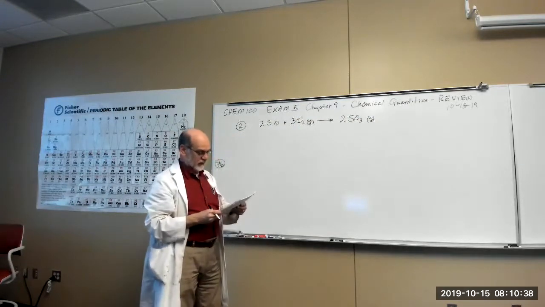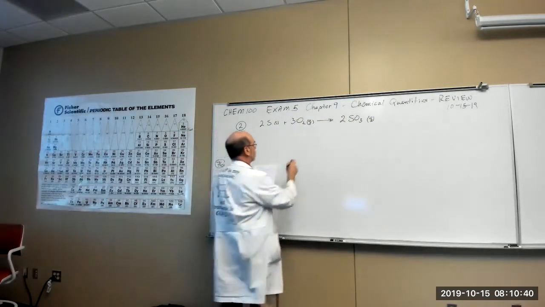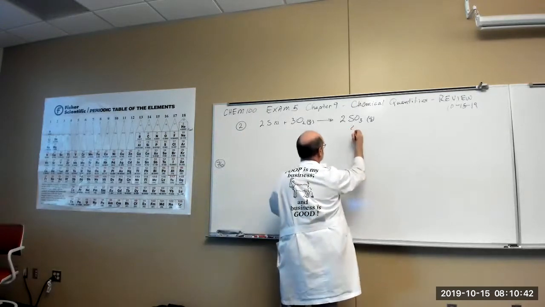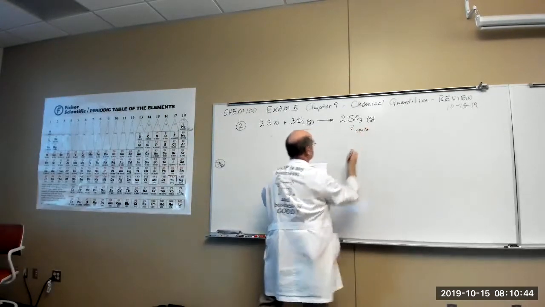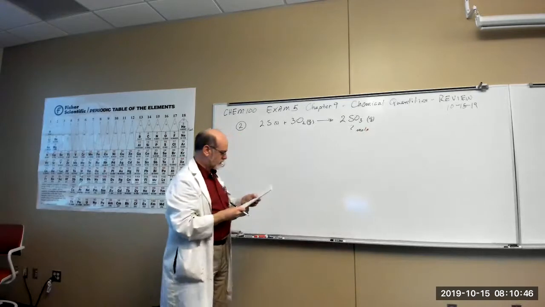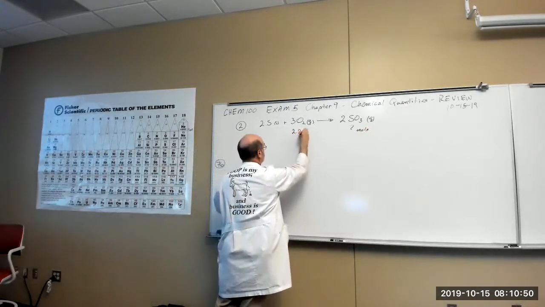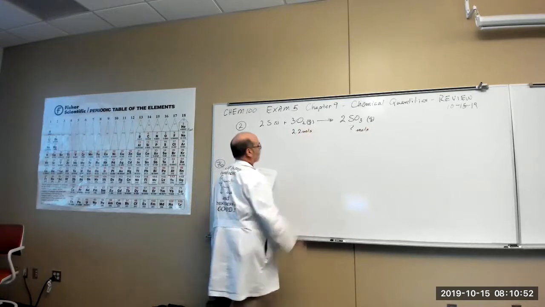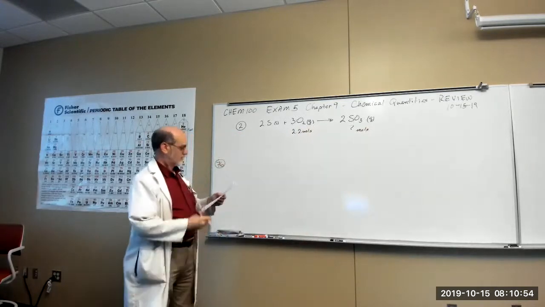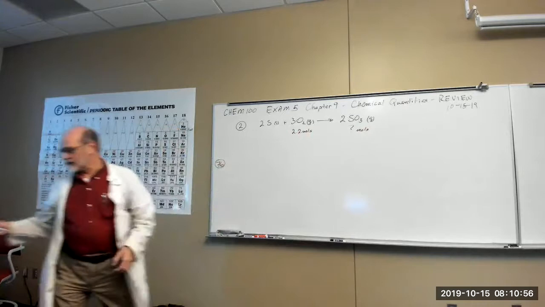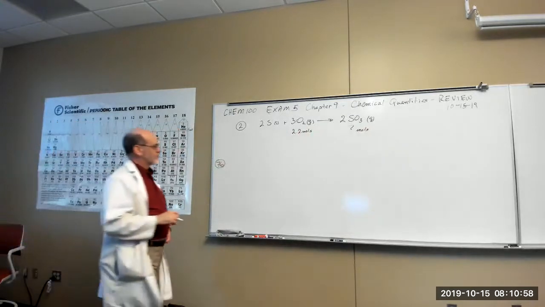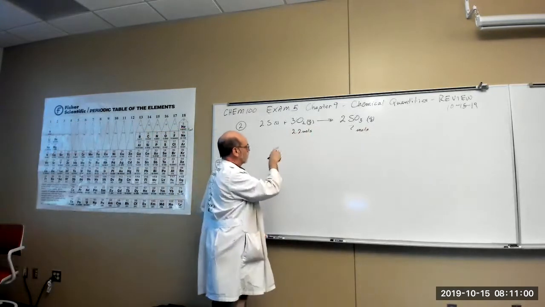The question is, how many moles of sulfur trioxide will be produced from 2.2 moles of oxygen? Okay. So first question you ask yourself is, can I go from one place to the other with the information I've got?